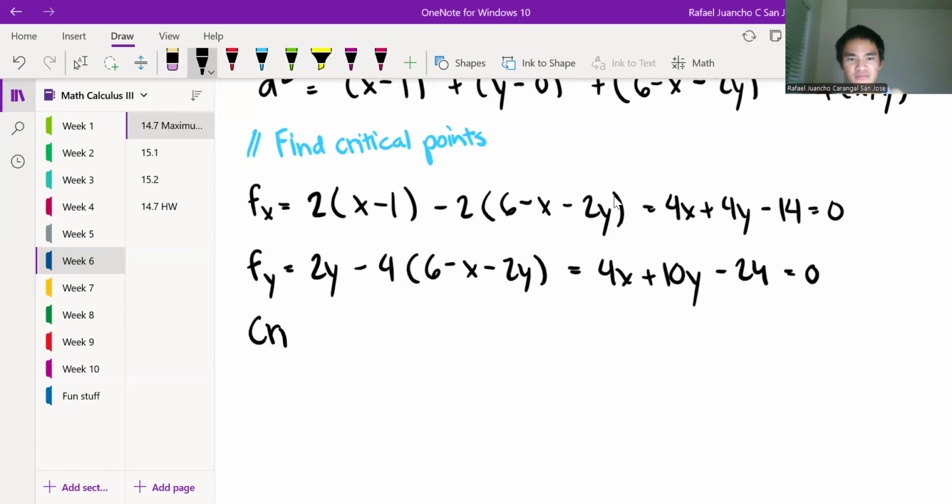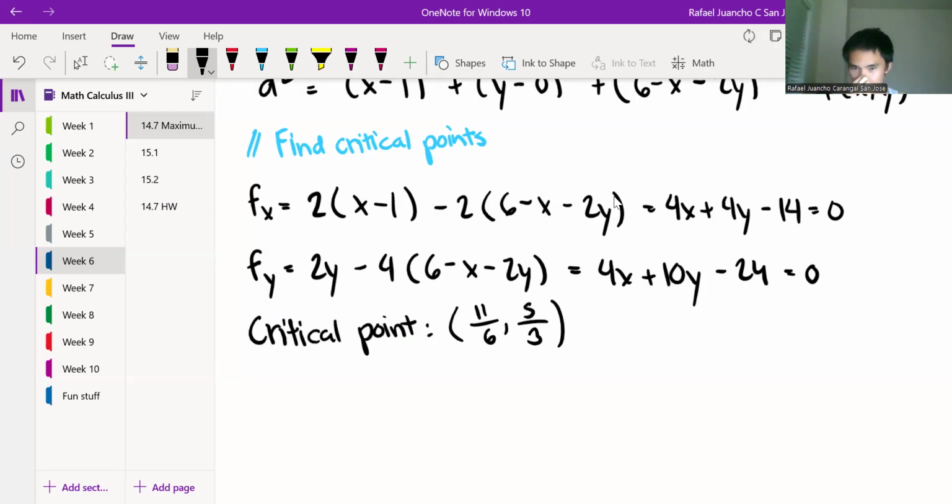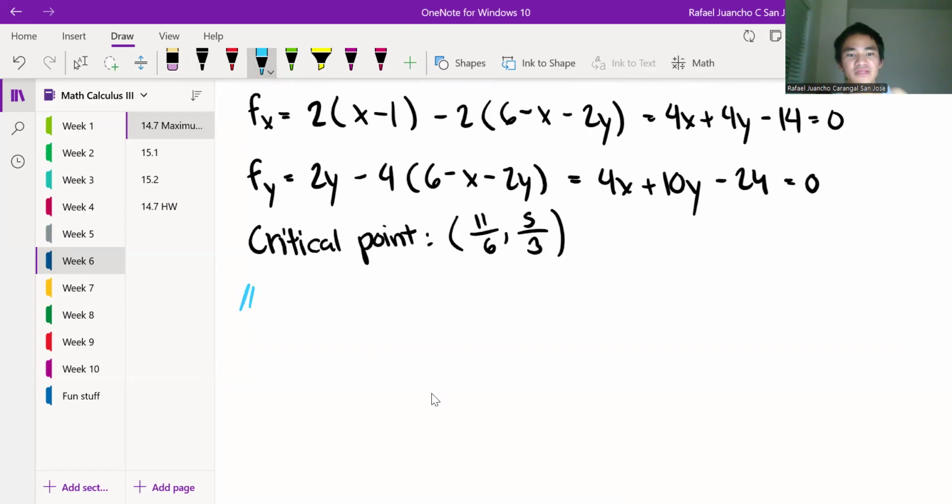The critical point is actually just 11 over 6, comma 5 thirds, right? And so from there, I now use my second derivative test, right?